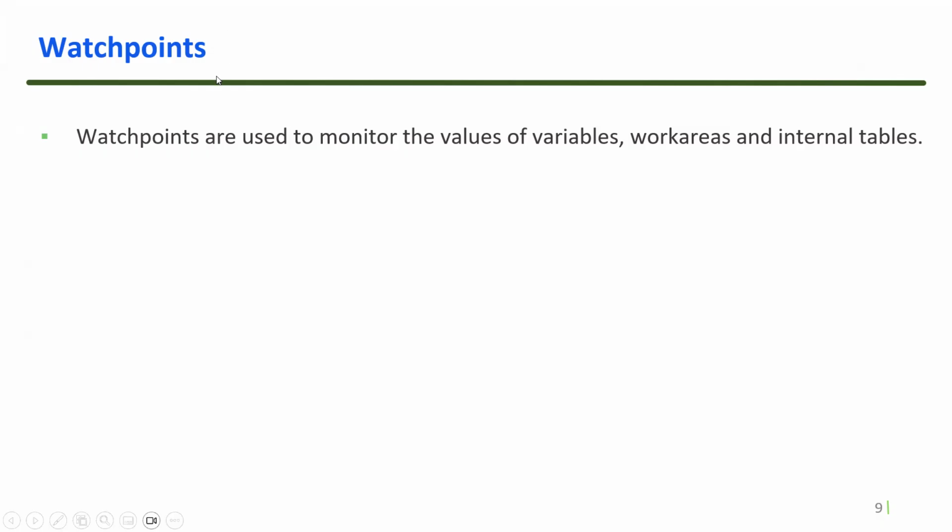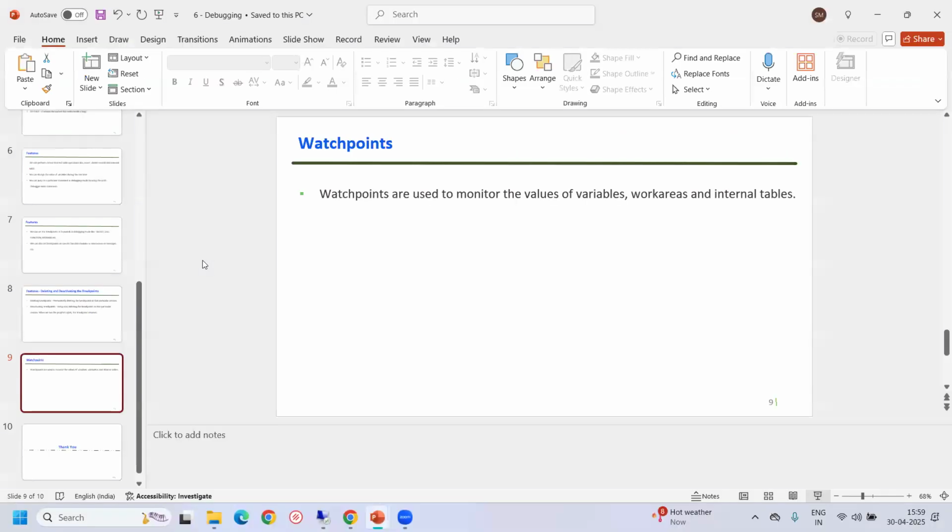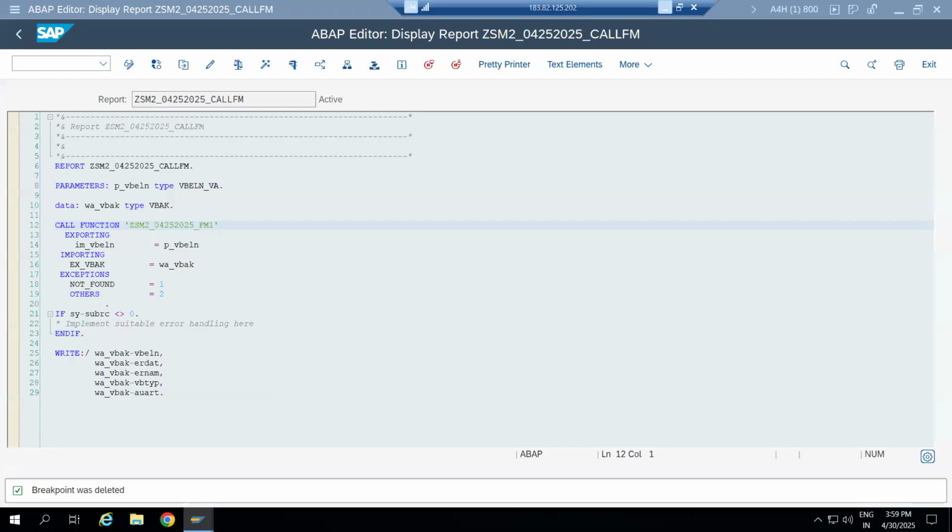If you want to monitor any values of variables, work areas, internal tables, and in future field symbols, whenever we want to monitor values from the different data mediums, then we can use this watch point option in debugging. So let me go.